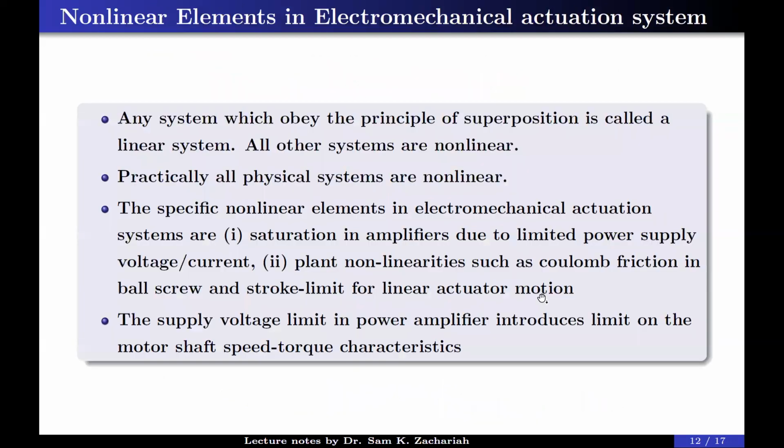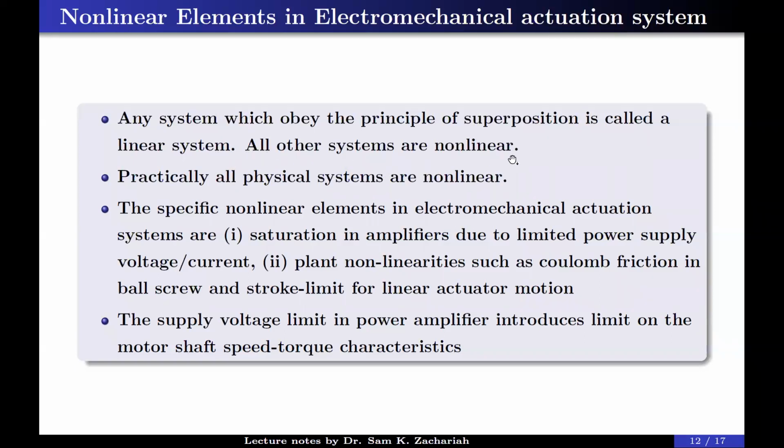Okay, so we will now move on to more practical aspects of electromechanical actuation systems. The principle of superposition, all of you are familiar, I hope. Any system which obeys the principle of superposition is called a linear system.